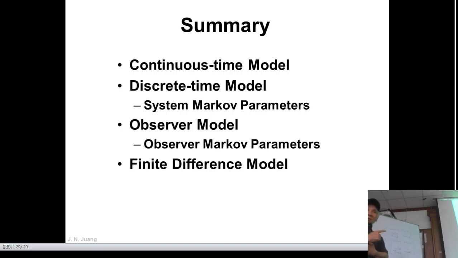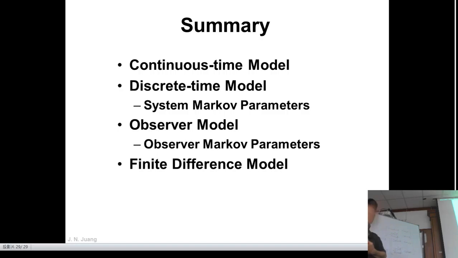But keep in mind that this discrete time model is an exact model, not an approximate model of your continuous time model, under the assumption that your input is a zigzag, ladder type input.